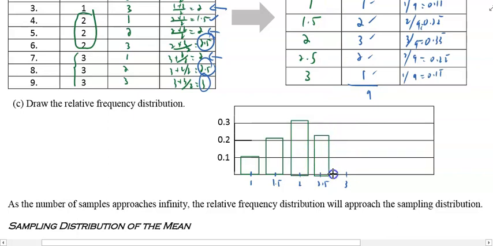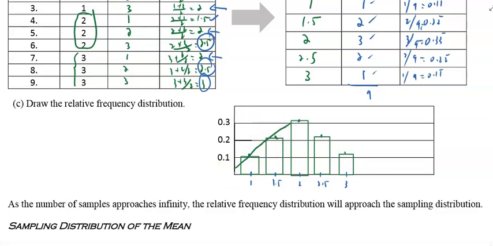0.22 again. And the reason this is important is that when you glance at this, it gives you a good idea about the distribution. If I was to ask, what does this look like? If you take the midpoints of those and connect them with a smooth curve, doesn't that look like a normal distribution to you?